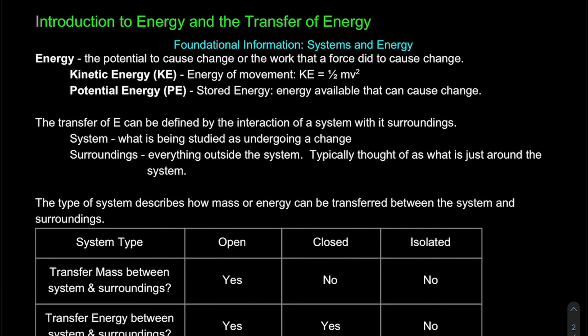When we're looking at systems and surroundings and energy change, we want to make sure we understand what we define as energy. So energy is the potential or the actual working of a force that causes change. We either have stored energy that could possibly cause change, or we have movement energy that is causing change. We broadly break that out into kinetic energy, which is movement energy.